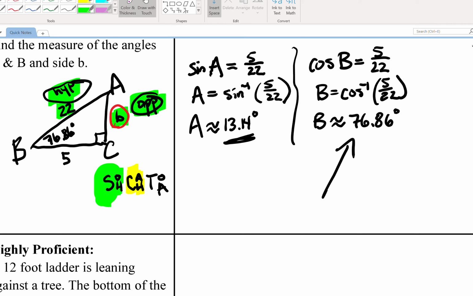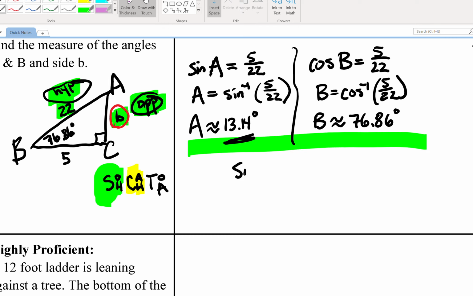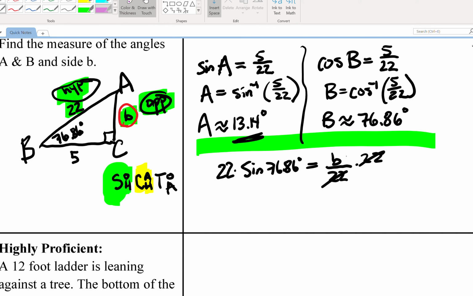So I'm going to fill out my equation. I'm going to say the sine of 76.86 degrees is equal to the opposite, which is b, over the hypotenuse, which is 22. And to solve this, I would just multiply by 22 on both sides. And that would just give me what b is.